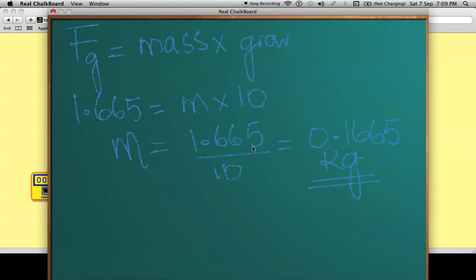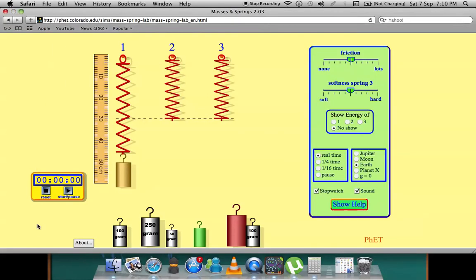This is the mass in kilograms. Or if I want to convert this into grams, just simply multiply this by 1,000, and you would see the mass in grams would be 166.5 grams. And you can see we predicted that it is somewhere in between 100 and 250.